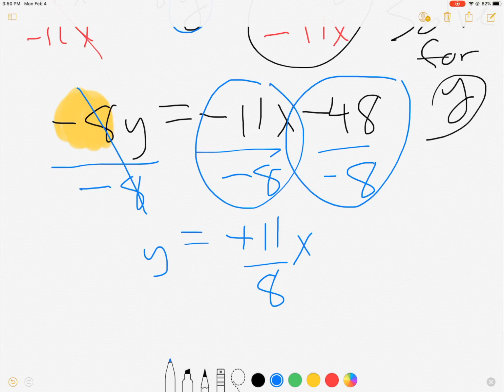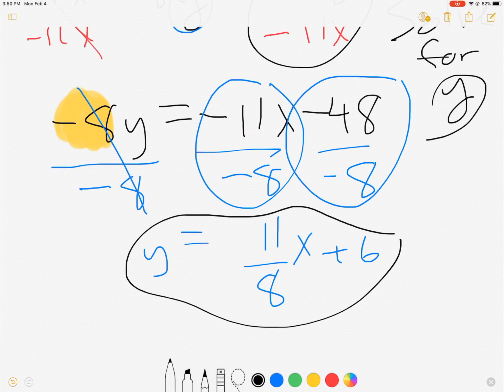Well, you know that's going to be positive 6. I don't even know why I have the positive here, but you get the picture. Now this is my final equation in terms of solving for y. Okay, so I finally solved for y. Notice the y stood by itself.